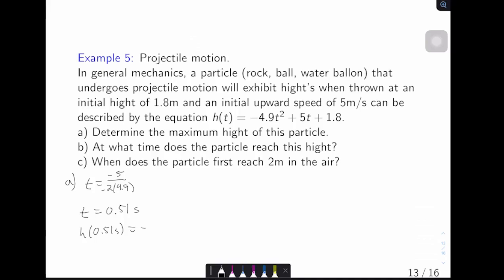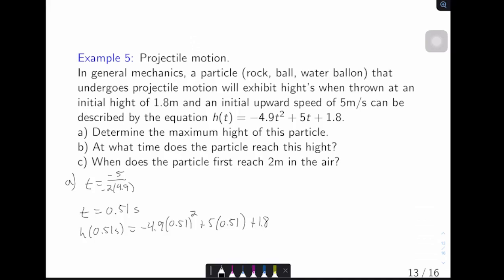Now plugging that in, we're going to get that our height at 0.51 seconds will be equal to a negative 4.9 times 0.51 squared plus 5 times 0.51 plus 1.8. So let's go and do that.